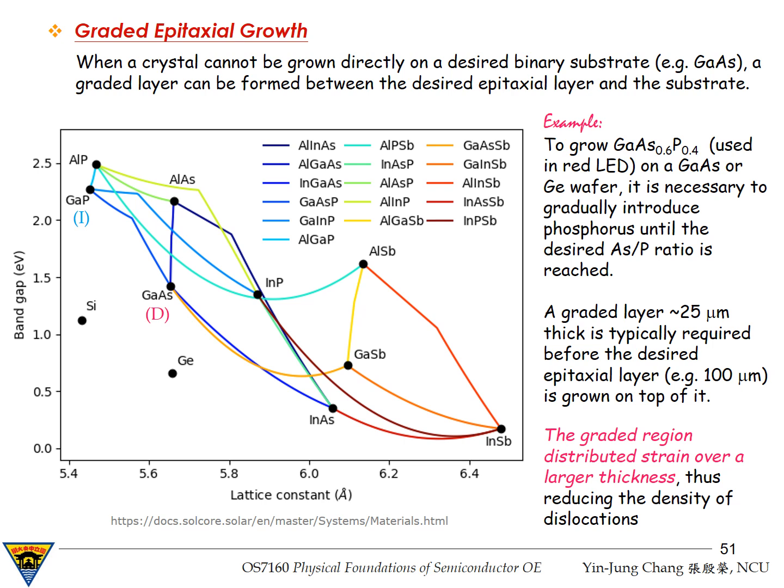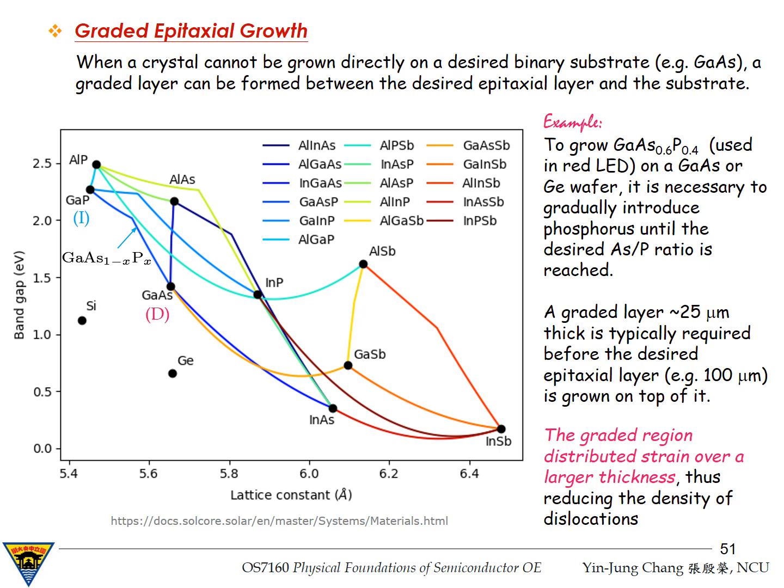So instead of abruptly changing composition, we gradually vary the alloy composition over some thickness. For example, starting from pure gallium arsenide right here, we slowly increase the phosphorus content or composition x in GaAs(1-x)P(x) until we reach the desired composition.